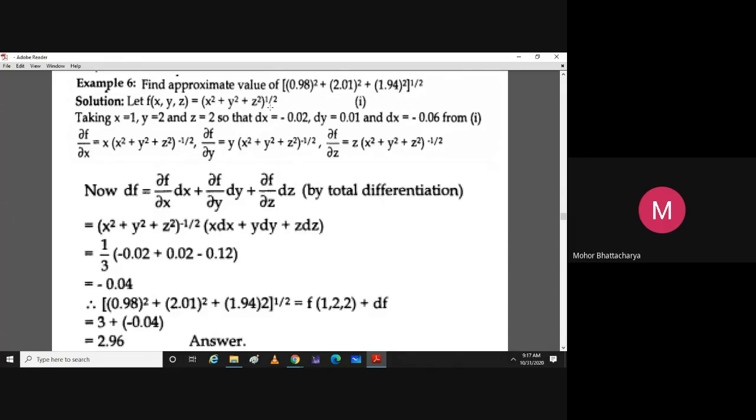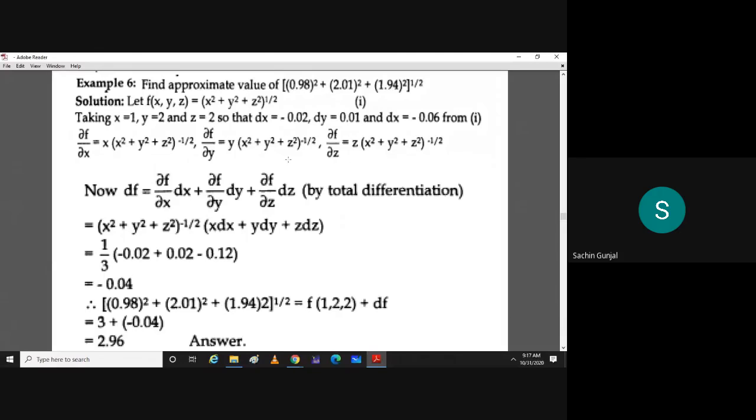So 1 upon the root of x square plus y square plus z square, into the derivative of this x square, no? Yes, sir, I got it. That will be 2x and that 2 gets cancelled. So therefore it is x into (x square plus y square plus z square) raised to minus half. Is this fine? Yes, sir. Okay.